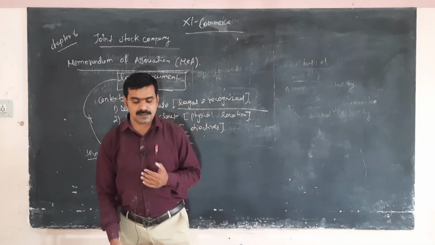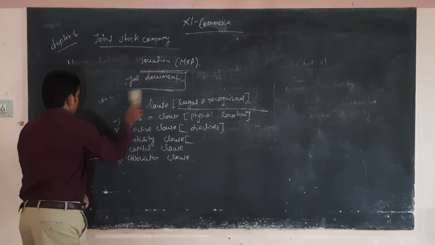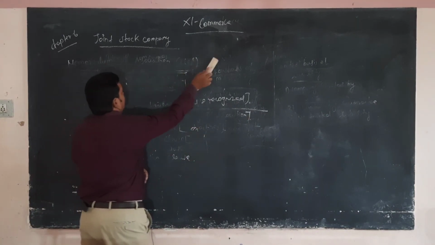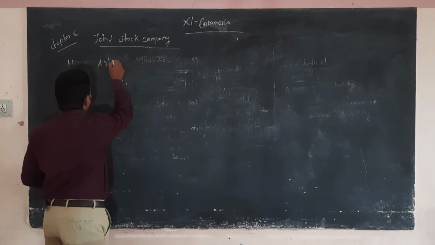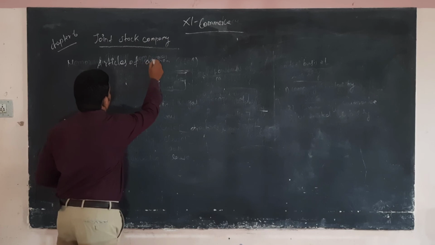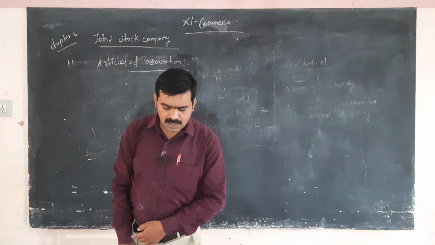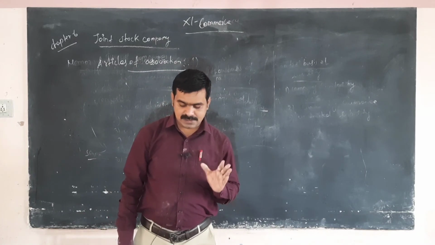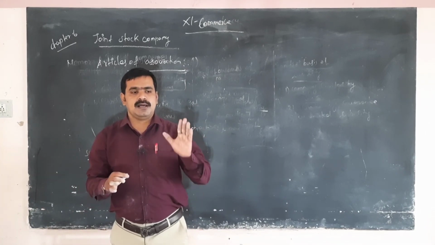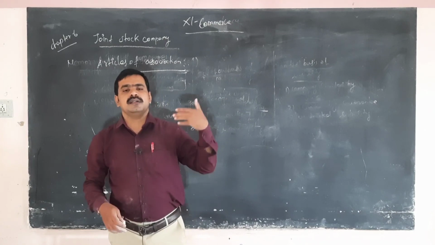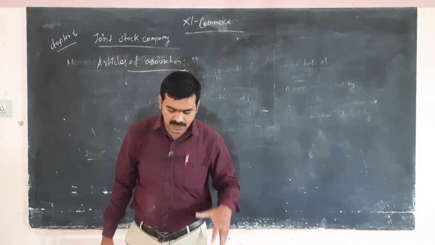The articles of association is a document that contains the purpose of the company as well as the duties and responsibilities of its members. Those who are going to join as members, the company should follow; the rules and regulations of the company, and the rights, duties and responsibilities of the members are listed in the document. That is called the articles of association.